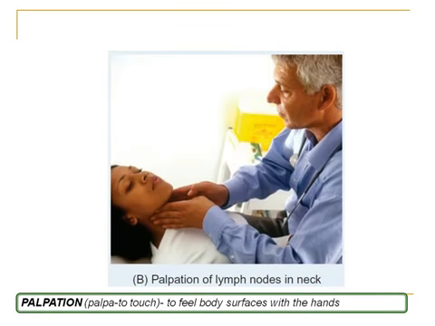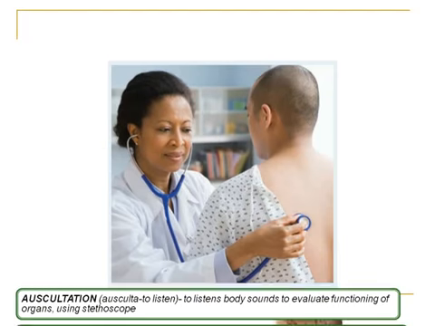And here the clinician is examining the lymph nodes present in the neck, and this technique used in the clinical setting is known as palpation. Palpa actually means to touch. So here palpation means to feel the body surface with the hand.